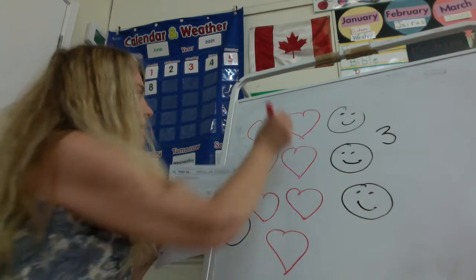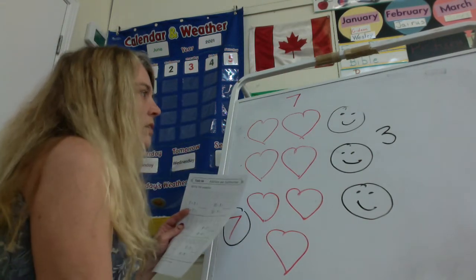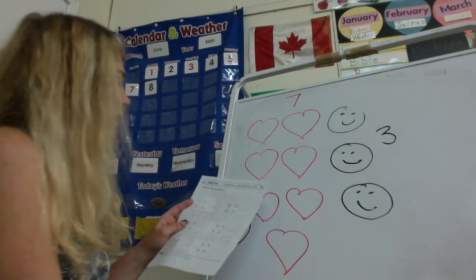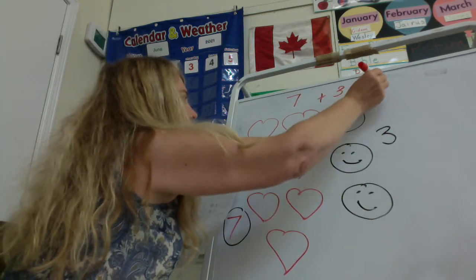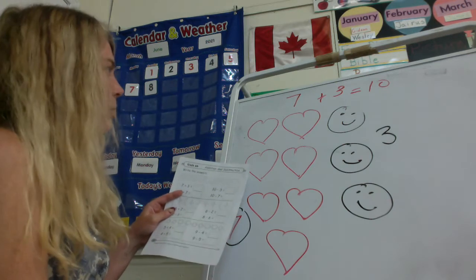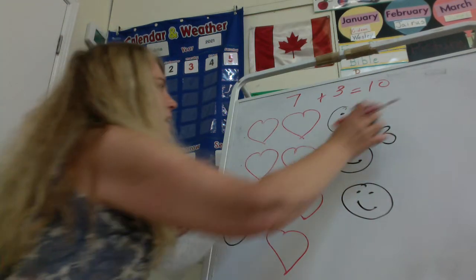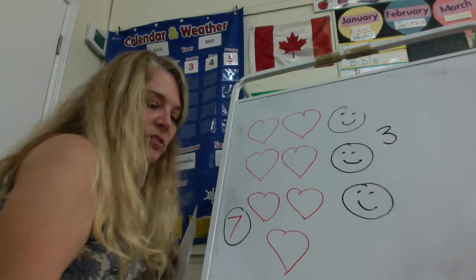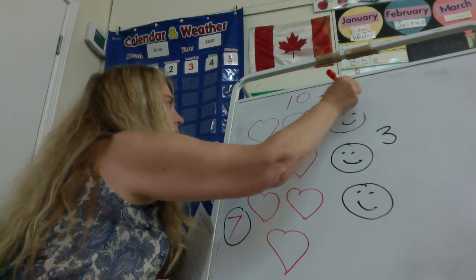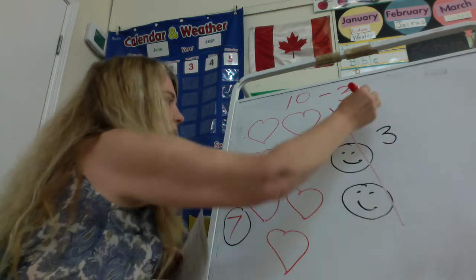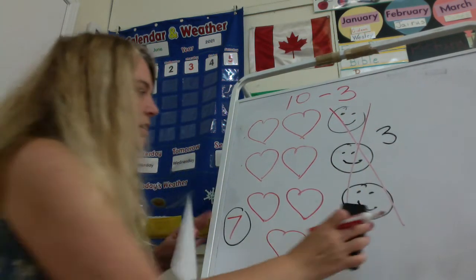How many hearts? 7 plus 3 equals 10. Now, what if we did the opposite of that? 10 pictures. Take away the 3 hearts. So let's take them away. No more hearts.